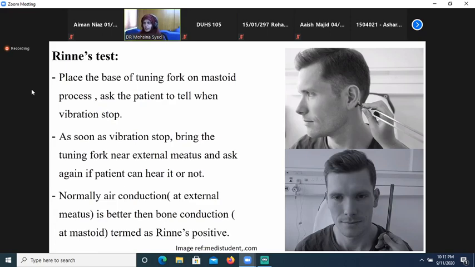You put it here, and the patient will still be hearing. This is known as Rinne positive. And if the process is reversed, then it's Rinne negative. When the bone conduction is better than the air conduction, it is known as Rinne negative.